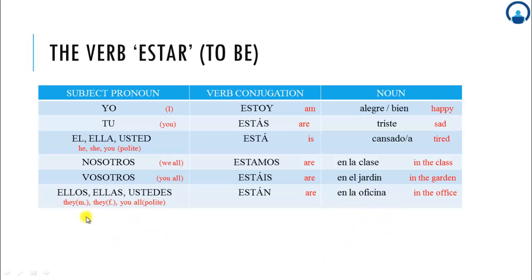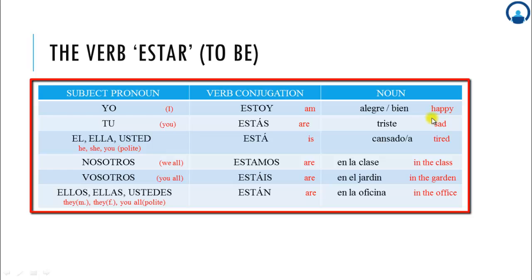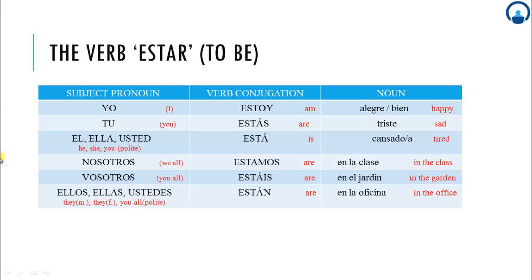They or you all are in the office. Now I'll request you to write these words and the entire table in your notebook and try to learn it as much as you can, as this verb estar is also very important in the grammar of Spanish.